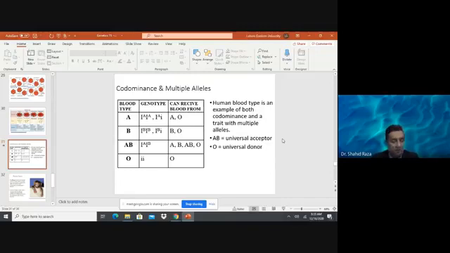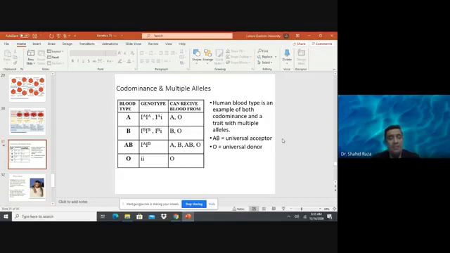On the left column is blood types A, B, AB, and O, and then genotypes, and then phenotypes.